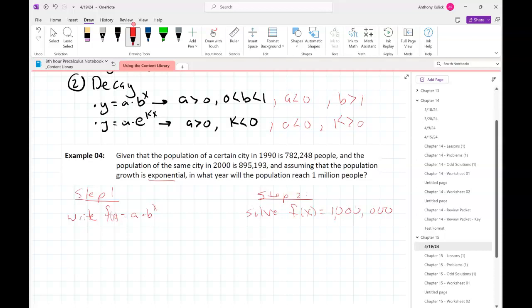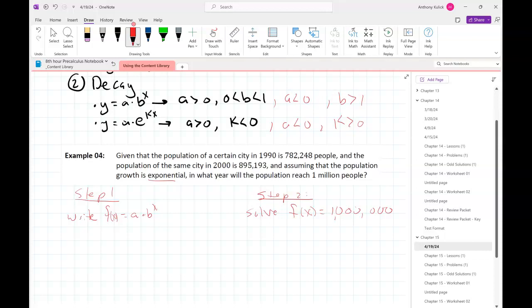So if I start with step one, first thing I want to decide, I have two quantities in this problem. I have a date, like a year, and then a population. Which one of those should be x and which one of those should be y? I.e., which one depends on the other? I have a population and a date. Which one depends on the other?